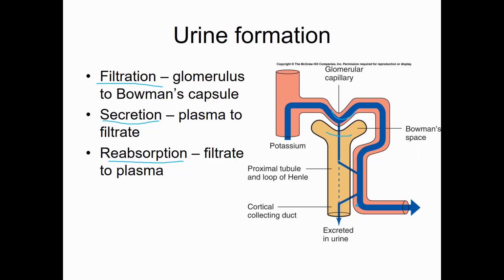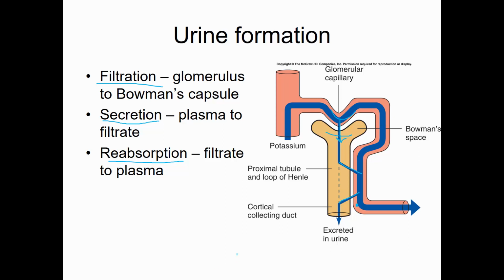If you look on our diagram here, this shows you what we do with potassium. Potassium actually does all three things. It's freely filtered, so it gets filtered. In the proximal tubule, potassium is reabsorbed. In the distal tubule and cortical collecting duct, potassium gets secreted.